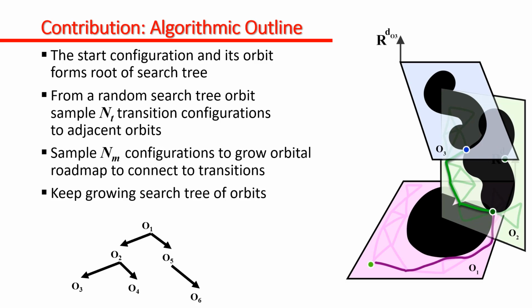So eventually we would like to expand an orbit that will contain the task goal configuration. Now, this allows us to express a search structure which consists of orbits, transitions between orbits, and roadmaps being constructed inside each orbit. And now we can focus our theoretical insights on such a search structure.